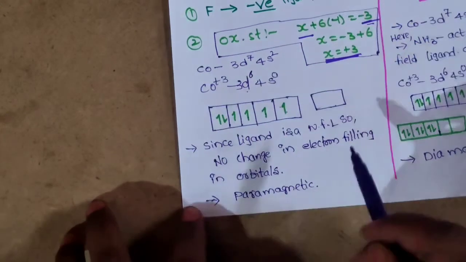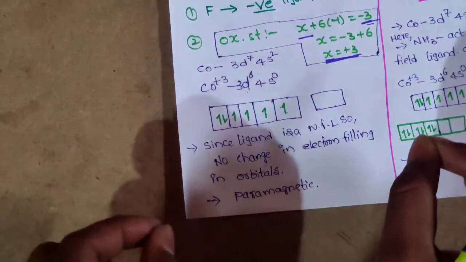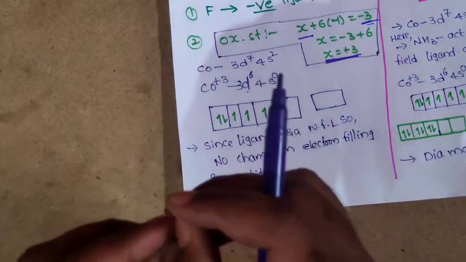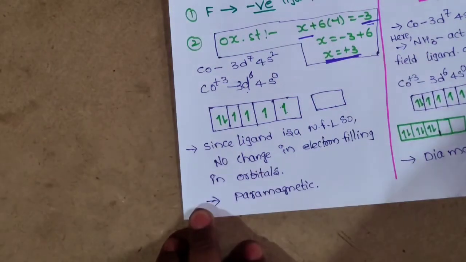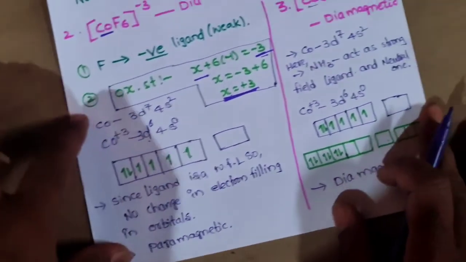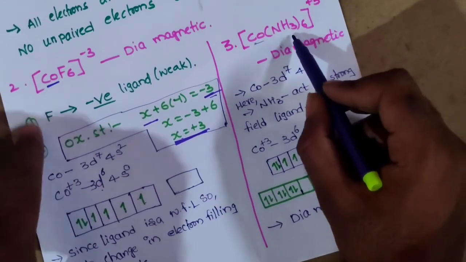So we have 4 unpaired electrons. So it is not diamagnetic, it is paramagnetic, because a weak field ligand does not change the electron filling in the orbitals.